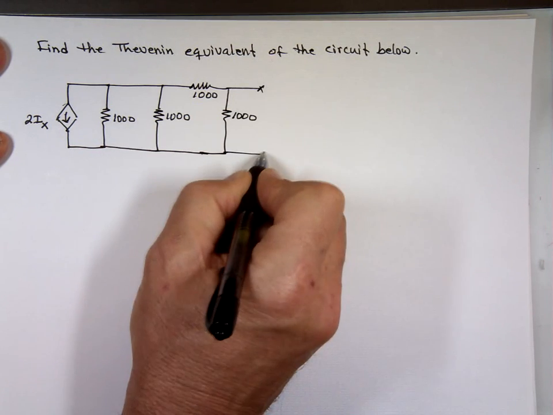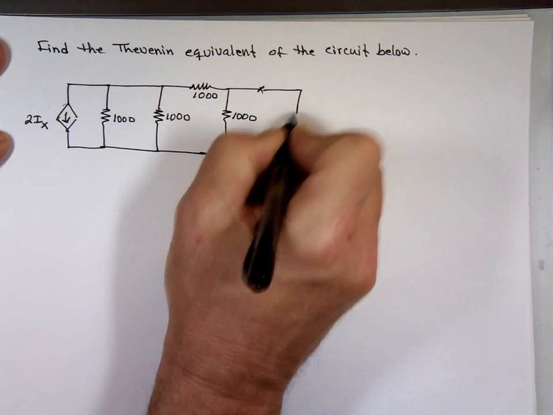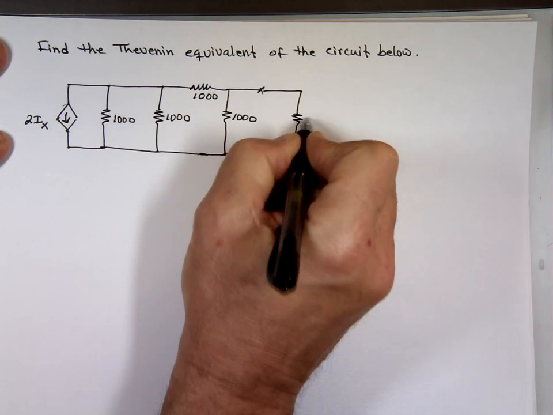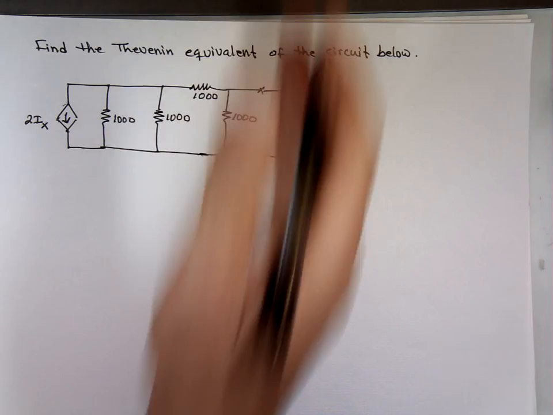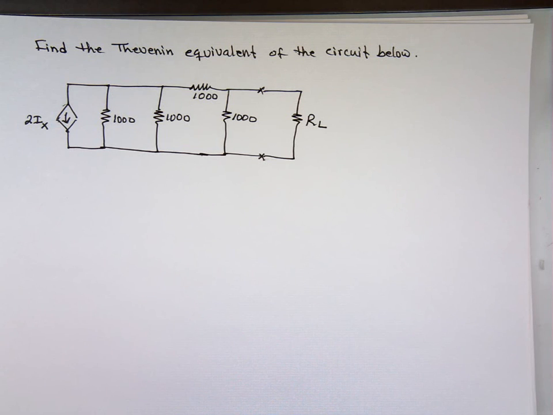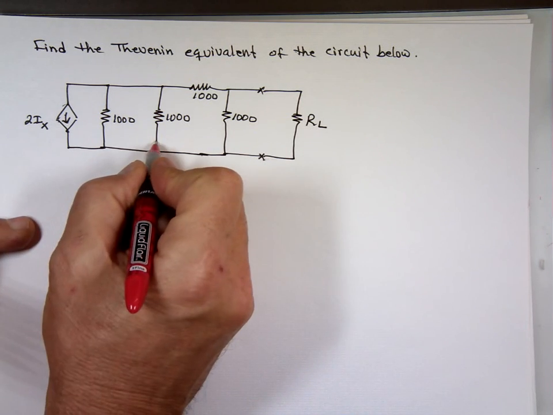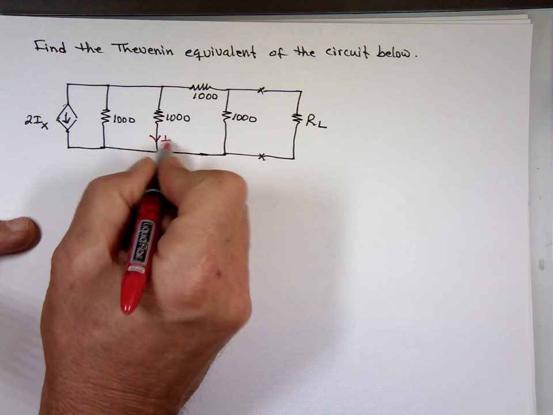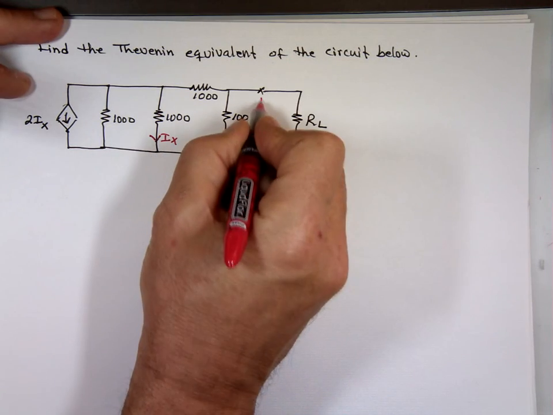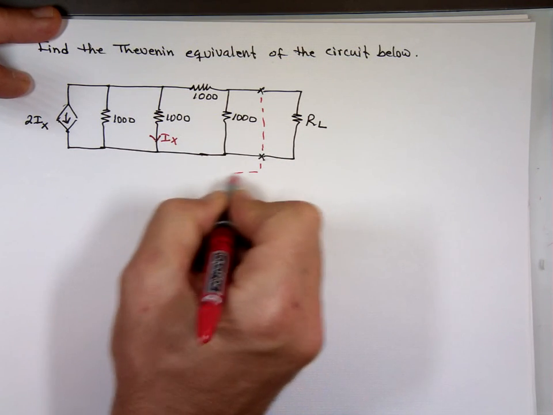Let's put a value called R sub L. It doesn't really matter what the value of that is, because I'm just finding the equivalent of what's to the left there. And I sub x happens to be this current.